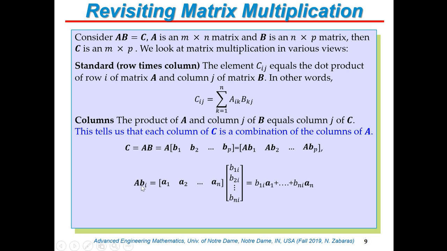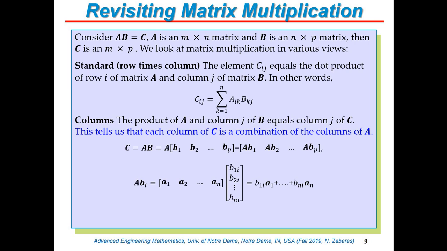So if you take A times Bi and you write A in terms of its columns times the components of the vector Bi, what you get is a linear combination of the columns of the matrix A. So effectively, the way that we look at multiplication here, every column of the product A times B is basically a linear combination of the columns of the matrix A. And again, A comes from the left in the product.